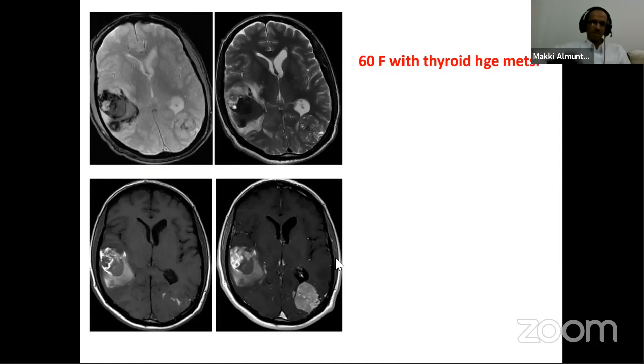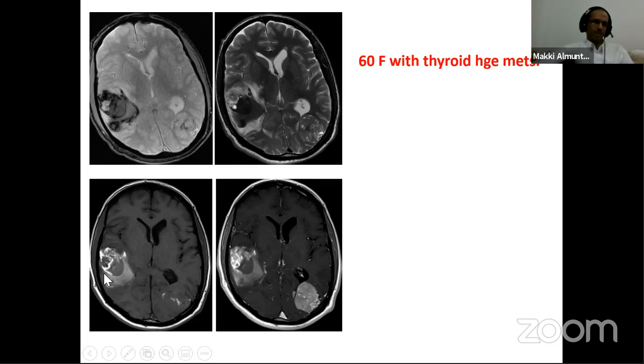This is an example of hemorrhagic metastasis in the brain from thyroid malignancy. And we see a lesion in the right parietal and posterior temporal region, which shows a large hemorrhagic component and a nodular solid component.